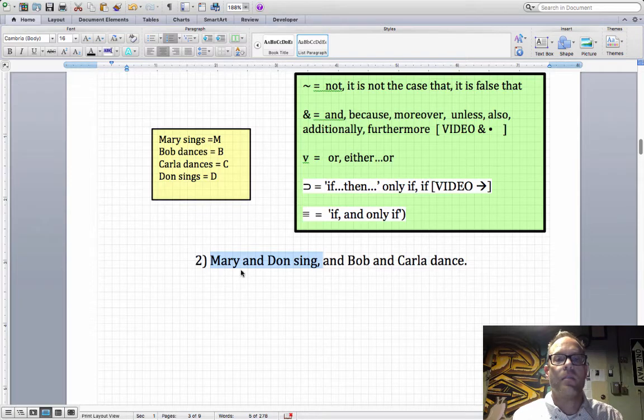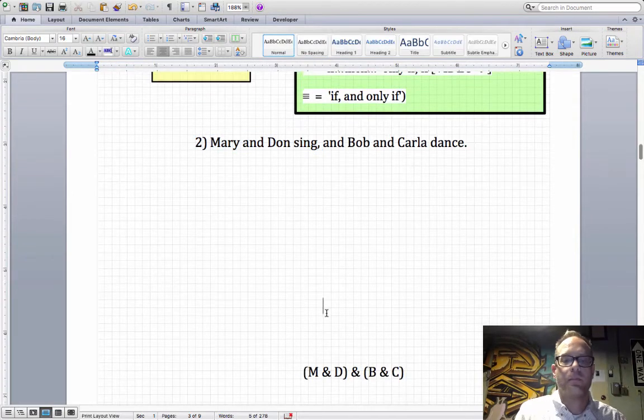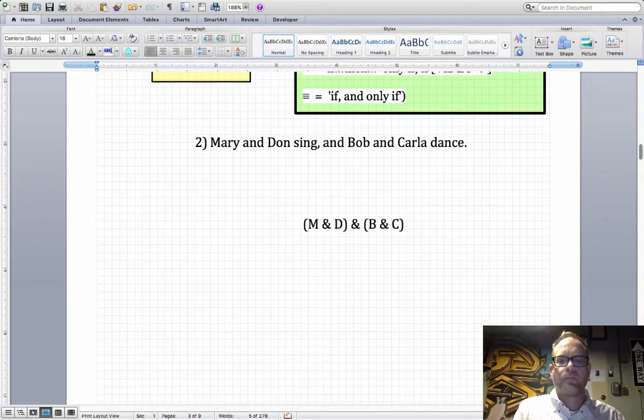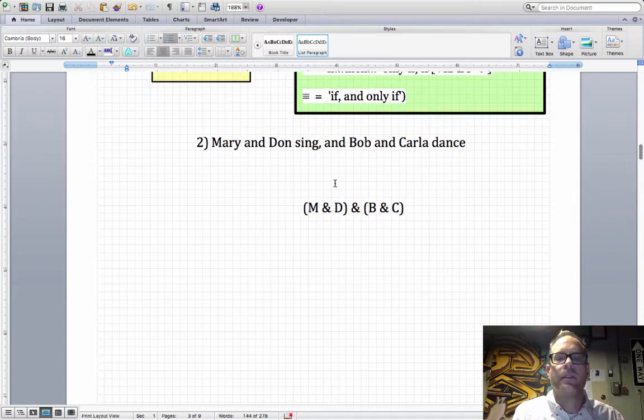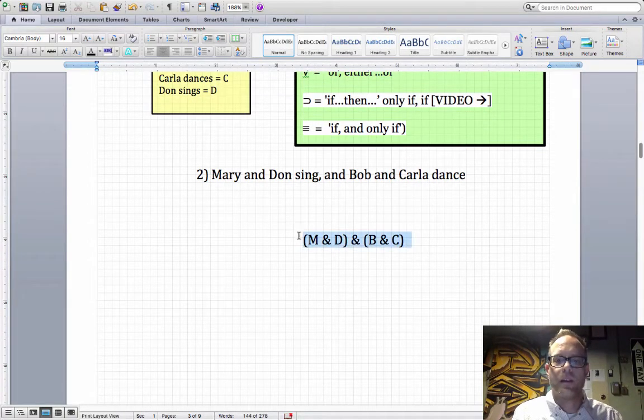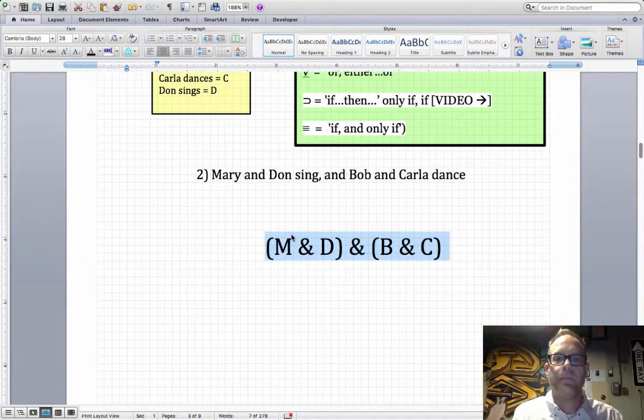So we're going to have Mary sings, M ampersand D for Don sings, and then a big conjunction, and then another parentheses, Bob and Carla dance. So B and C. Let me show you what it looks like, and I'll zoom this up just a little bit so you can see what's going on.